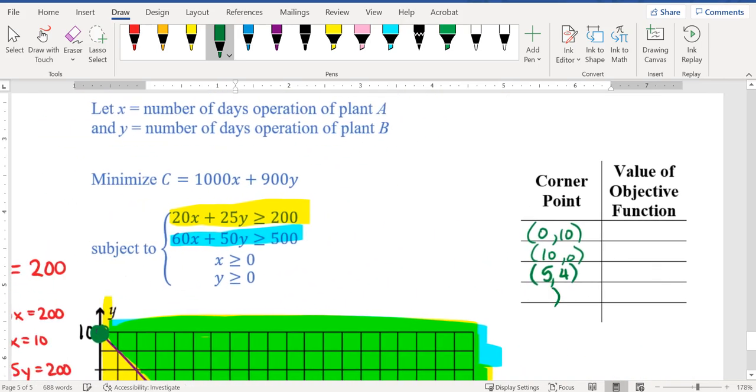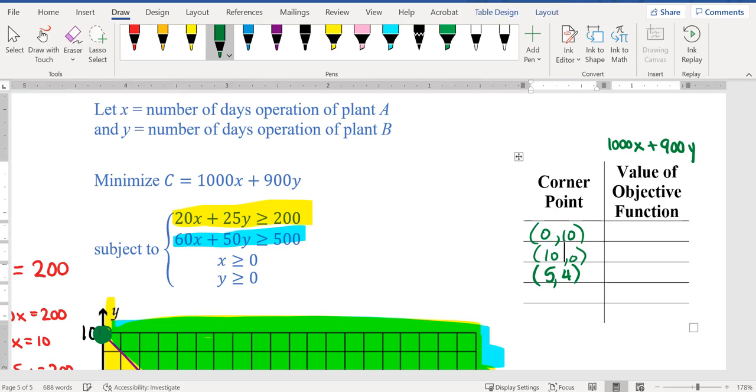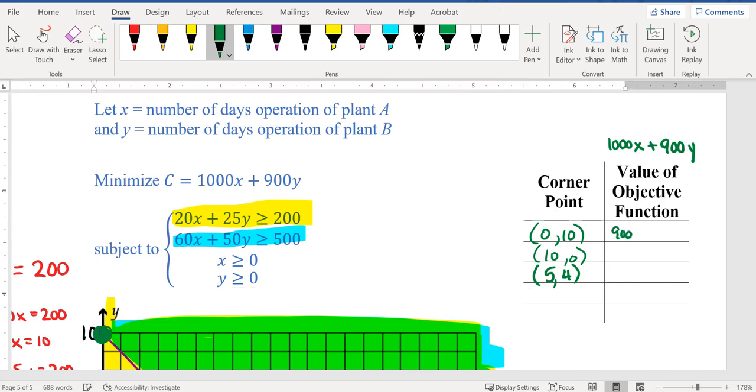Okay, I want to go find 1000x plus 900y at each of these corner points. So 1000 times 0 plus 900 times 10 is 9,000. 1000 times 10 plus 900 times 0 is going to be 10,000.